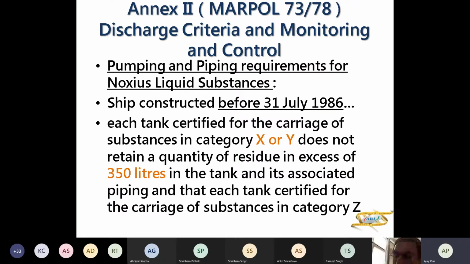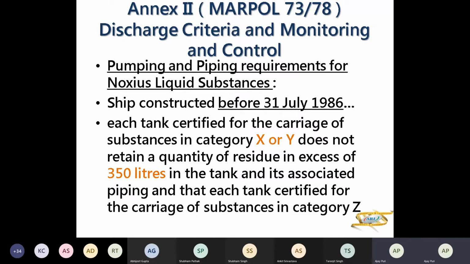So we have done that table of discharge criteria. The explanation is for the vessels constructed before 31st July 1986. Each tank is going to have, that is for X and Y, the ROB or the quantity of residue in excess of 350 liters should not be there along with the piping.